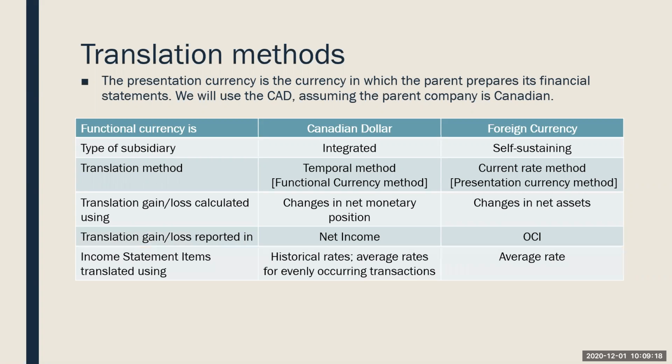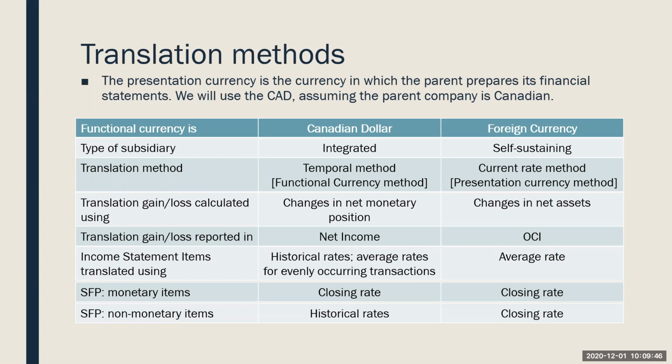Income statement items are translated using historical rates. Average rates may be used for evenly occurring transactions under the temporal method. We use average rates for all items under the current rate method. For the balance sheet, monetary items are translated using closing rate under both the methods.